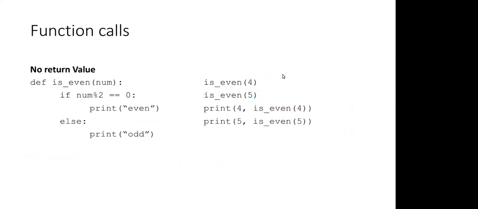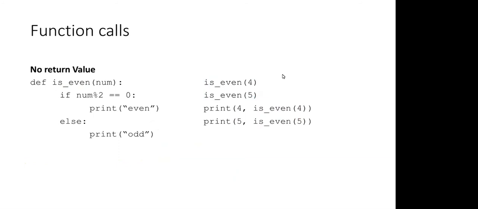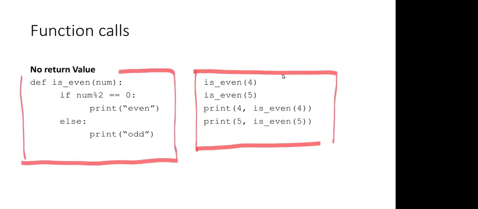If I were to run this program, we're not using this one right here. We returned a value for this function declaration of is even. But in the second one, we're going to run the same program over on this side, but instead of using our first function definition, we're using the second one where it has no return values.